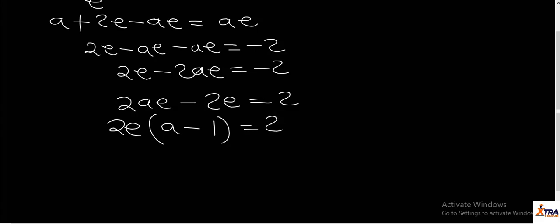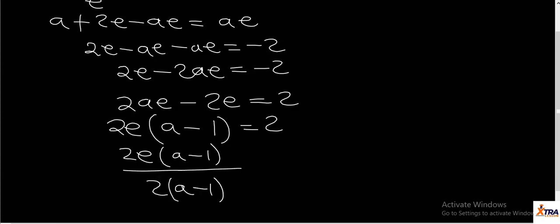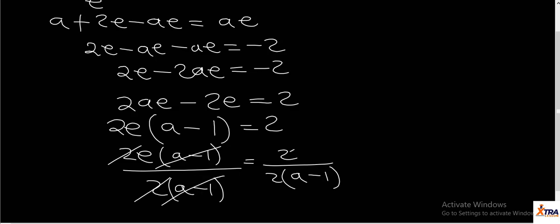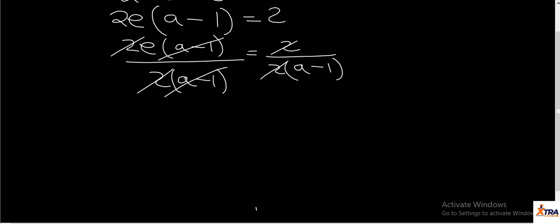And then dividing both sides by 2 into bracket A minus 1, we'll have E equals A over 2 into A minus 1. So this becomes our identity element.